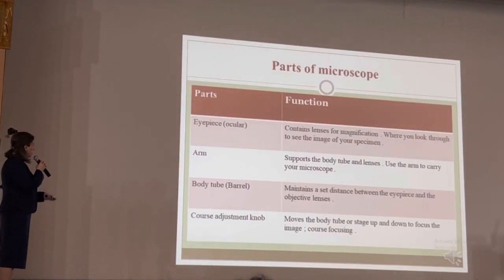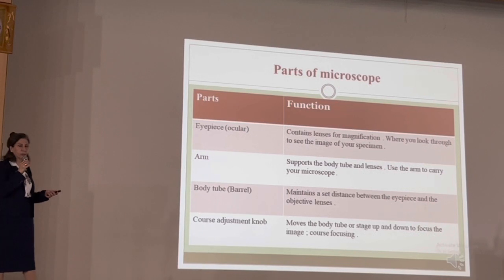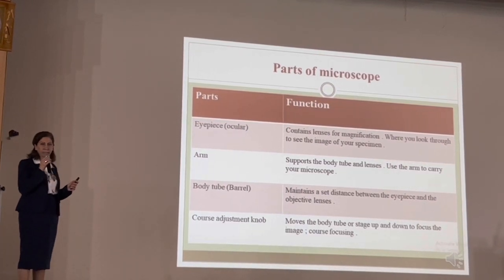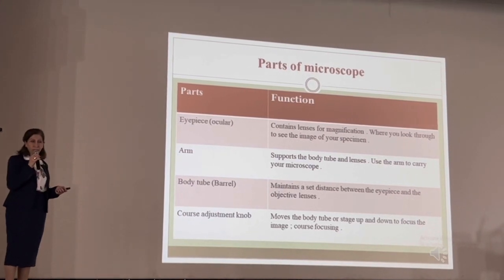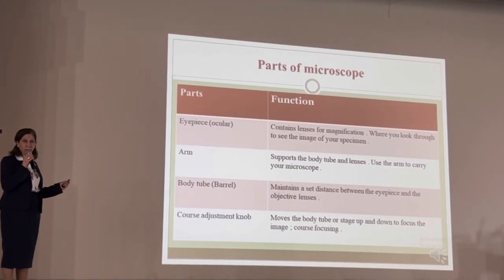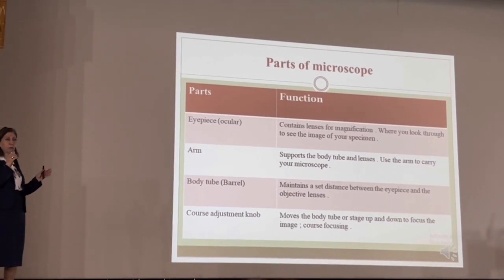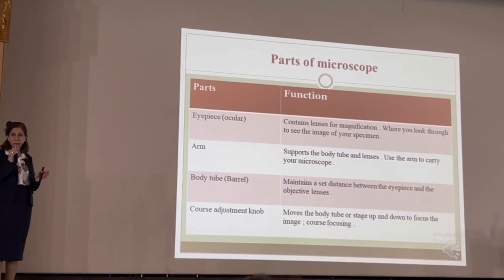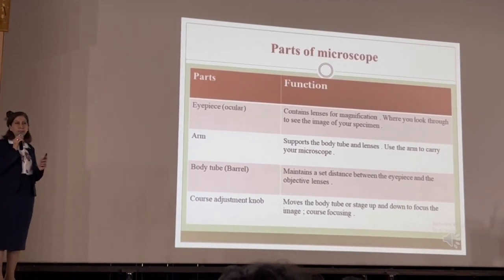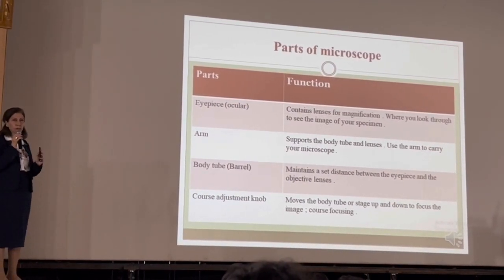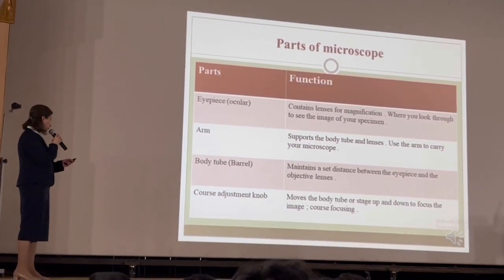I have put this table for you for the use of different parts of the microscope, showing which part you use. This is for your knowledge just, to see the different parts and how to deal with the microscope. Otherwise, for examination, it is not needed to remember each detail of this.